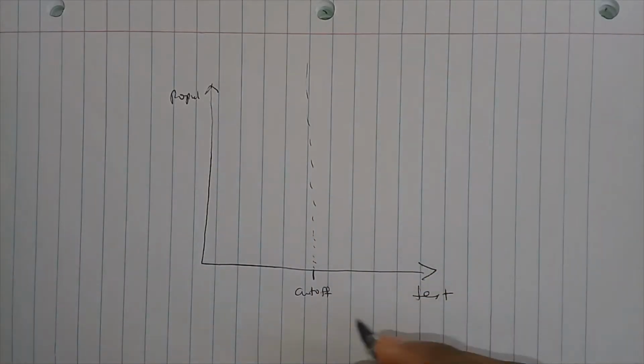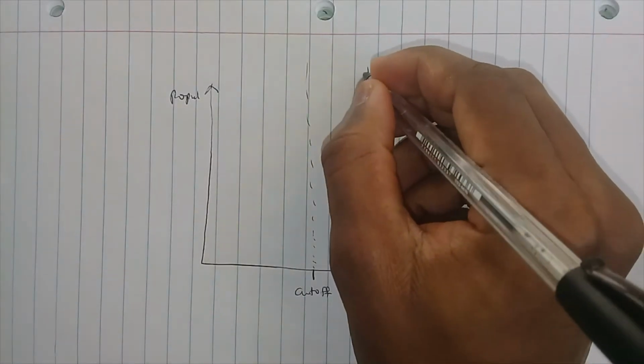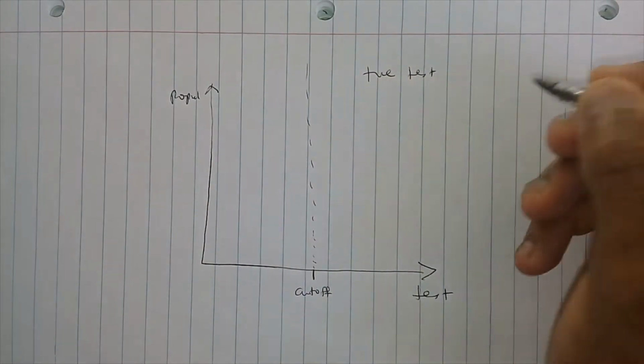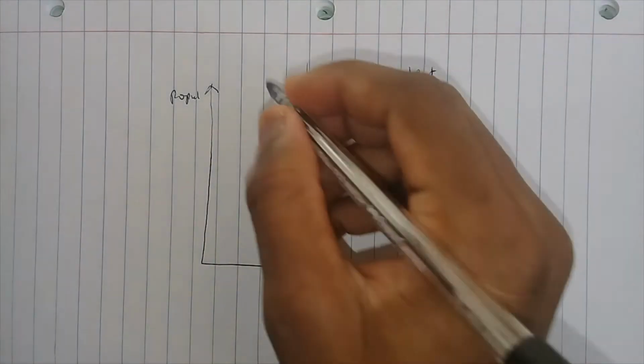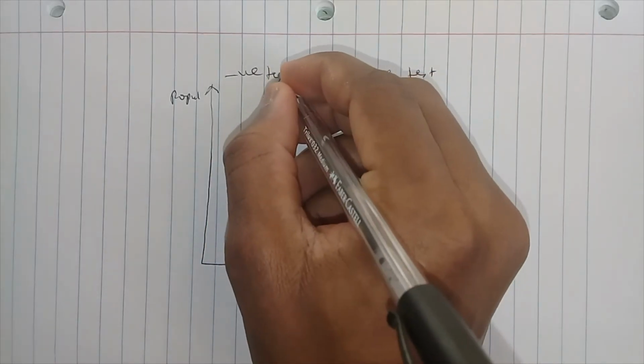Anybody that gets a value above the cutoff is going to be positive. We're going to see that as a positive test result, and anybody that gets a value below the cutoff, we're going to see that as a negative test result.